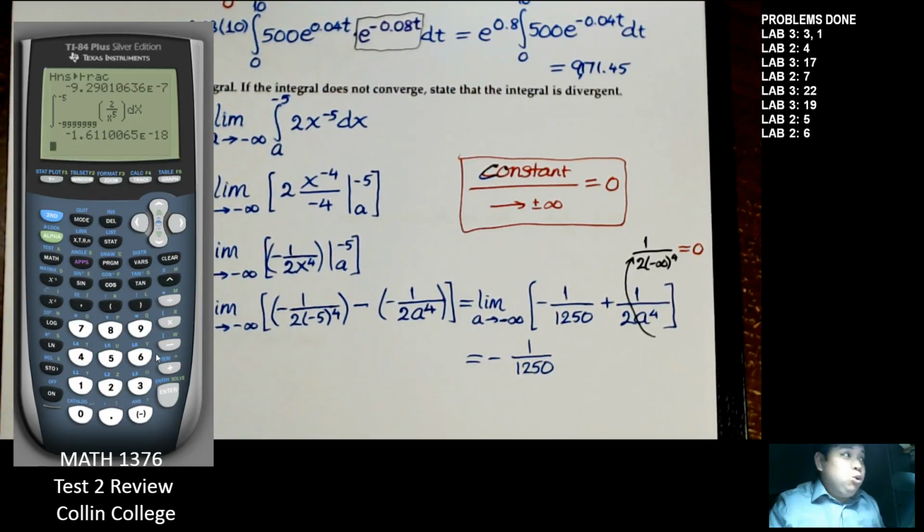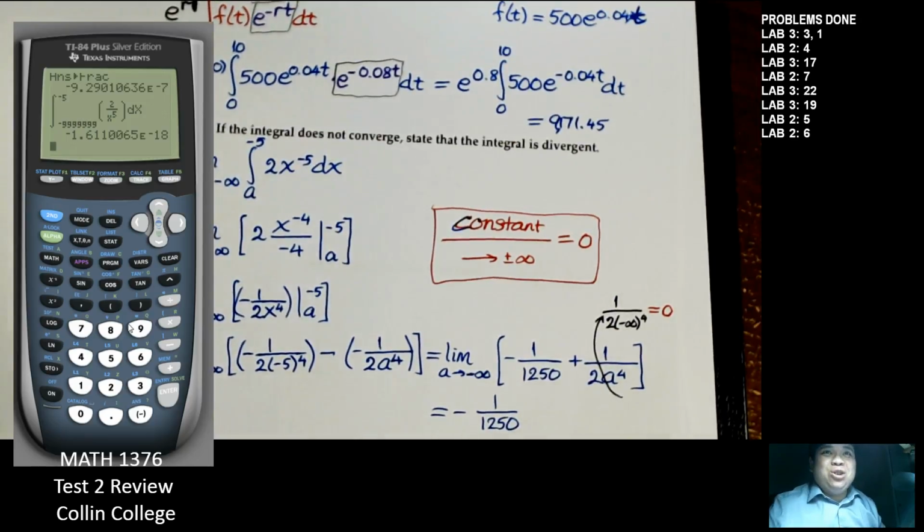Yeah, so that's why we cannot use a calculator on this one. So it doesn't work at all.